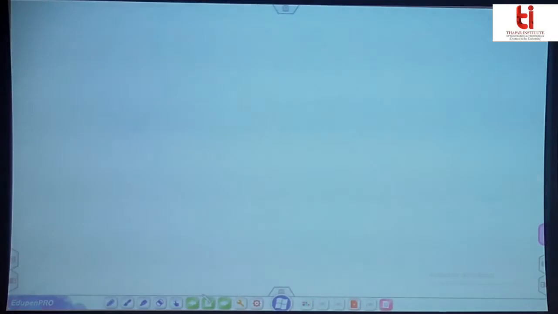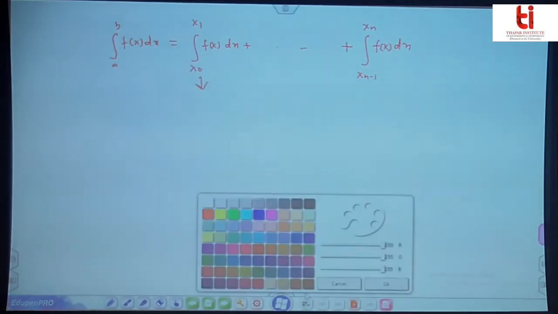We are getting the integral from a to b of f(x) dx equal to x0 to x1 of f(x) dx and so on, plus xn minus 1 to xn of f(x) dx. Now the trapezoidal rule. What is happening?